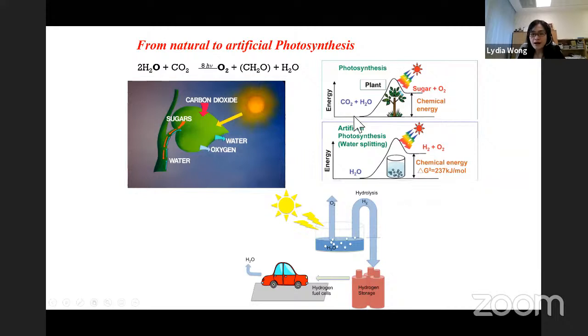So there are many efforts going on in this area, and this is also something simple that you can do because the equipment that you need is just a potentiostat, electrochemical devices. All right.